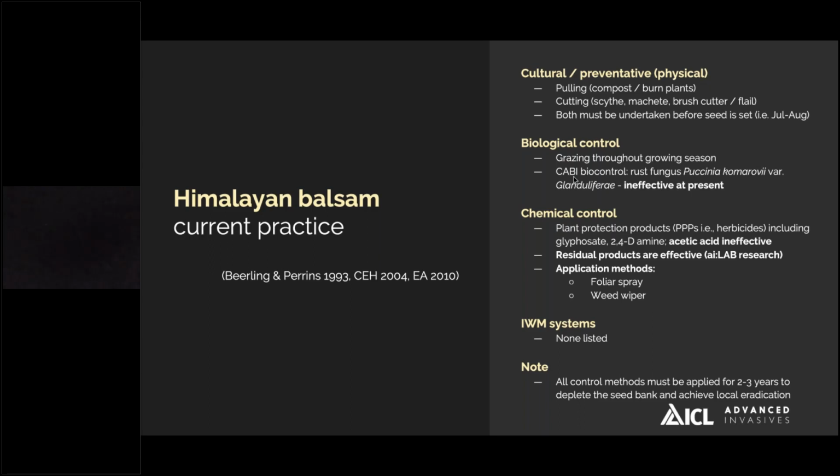Coming back to this seed bank, the long-lasting part of the life cycle, whatever you're going to do, it's going to have to be in place for at least 2 to 3 years in order to manage that seed bank and deplete it to the point that you're not going to have any germinating seedlings coming through in subsequent treatment seasons.